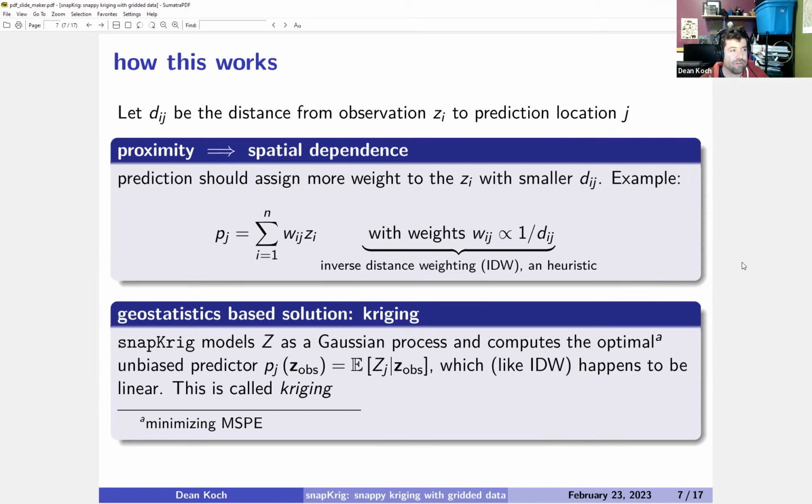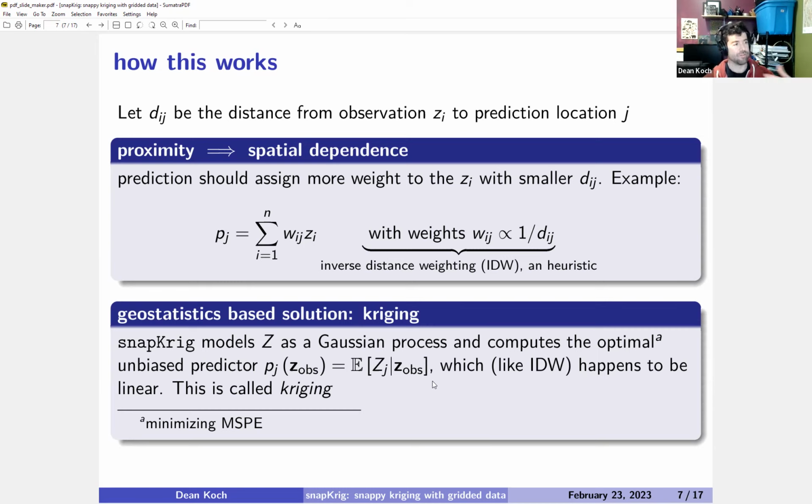And this is very succinctly expressed in the inverse distance weighting formula. So if you've done any spatial data analysis before, you've probably played with this algorithm before. It's very simple. You're just taking a weighted average of the observed data, and you're weighting it by the inverse of how far away it is.